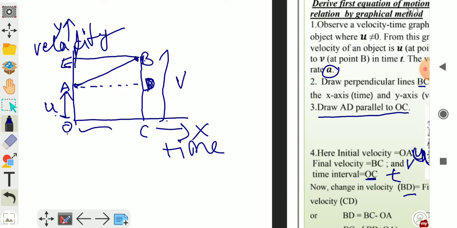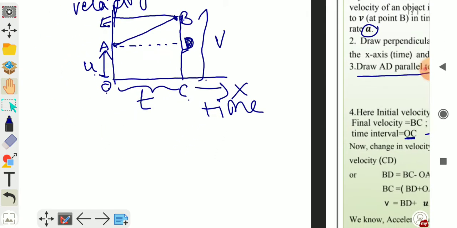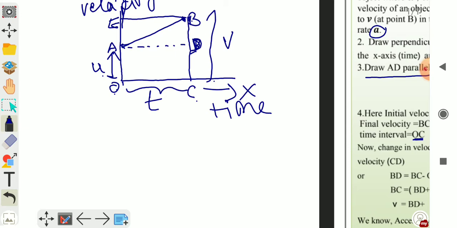OC represents time T. Final velocity BC, change in velocity BD equal to BC minus CD.